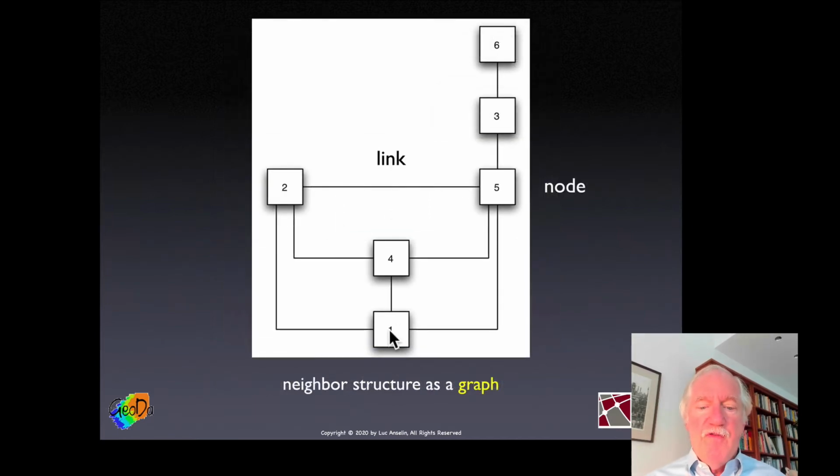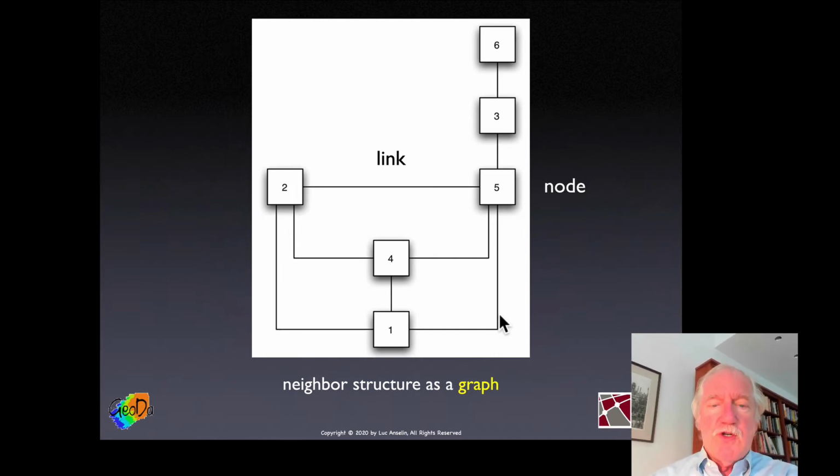So we have our observation 1 with a link to 2, 4, and 5. Then 5 has a link to 3, and 3 has a link to 6. So this is the network or graph representation of our layout in terms of the existence of borders or the existence of neighbors. And we'll get back to that at the very end when we look at characteristics of spatial weights.